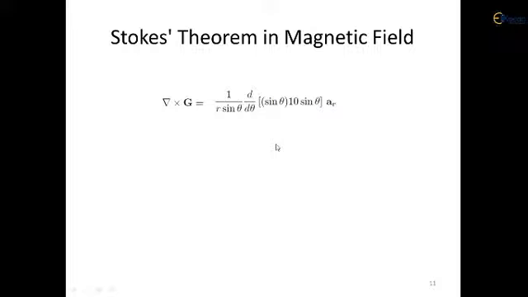This differentiation and multiplication by the constant ratio that we have shown in the beginning gives nothing but 20 times cos theta divided by r, multiplied by the unit vector a r. This is the simplest expression we can put in place of del bar cross G bar, which is to be surface integrated on the right hand side of the Stokes theorem expression.